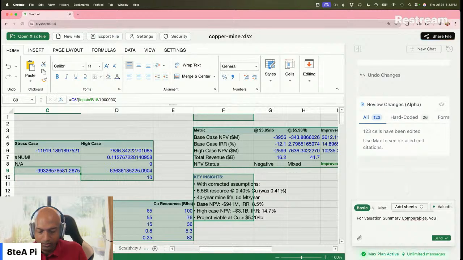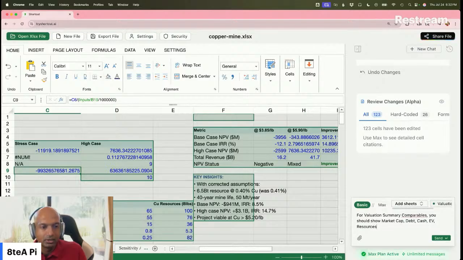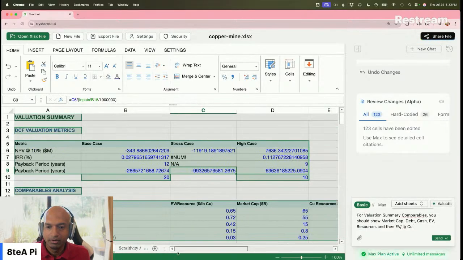You should show market cap, debt, cash, EV, resources, and then EV per pound copper.